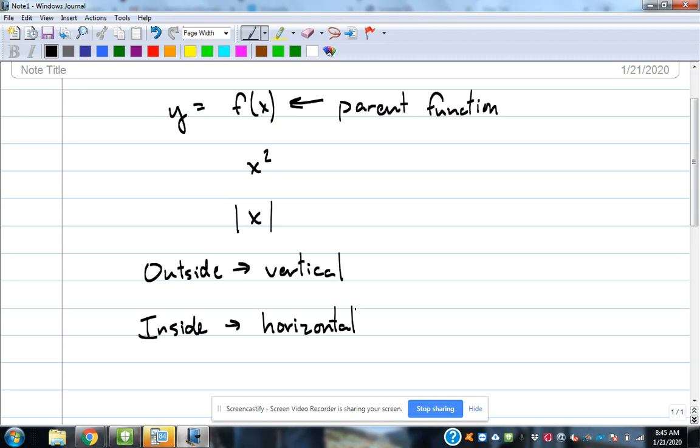So anything happening on the outside of that parent function is going to be a vertical movement, whether it be a reflection across the x-axis or something like that, or it might be shifted up or down.